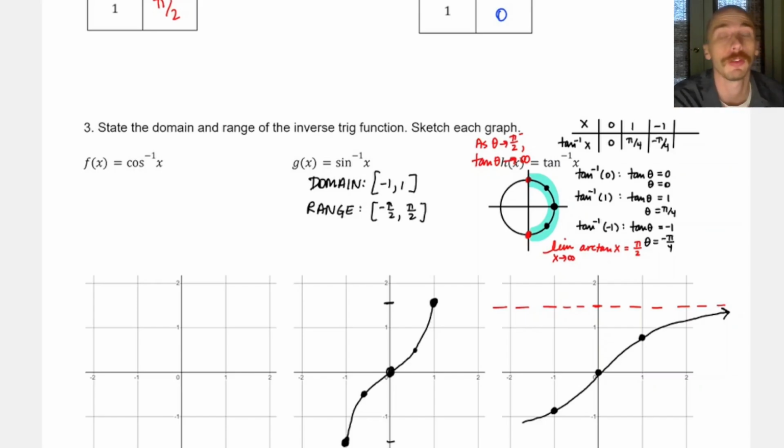Down there at the bottom of the circle, where tangent is negative, all my students take calculus. Only cosine and secant are positive in the fourth quadrant. As I'm approaching negative pi over 2, I'm getting closer to negative infinity in tangent. So I'm going to have another horizontal asymptote through here. And there we go. And this here is exactly why I don't like to graph on a grid. It doesn't ever really look right.